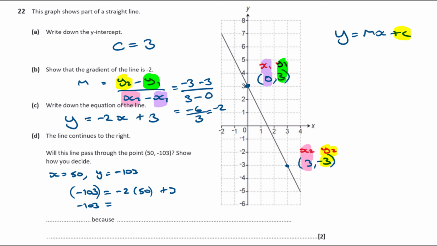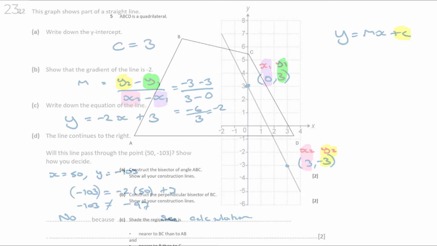If I add 3 to it, though, it's not going to be negative 103, it's actually going to be negative 97. Okay, so these two things do not equal each other, and therefore it doesn't lie on the line. So no, because of the maths I've just done. I'm just going to say C calculation because I've already shown it. I don't have to write it down again.